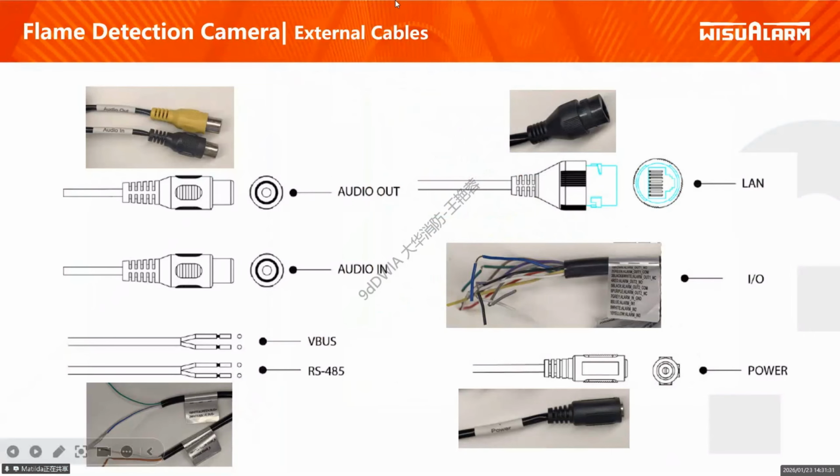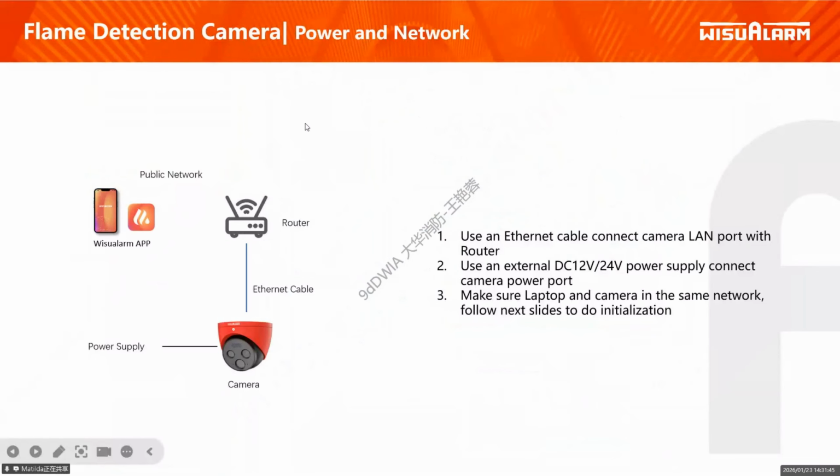This page is a brief introduction about the external cables of the camera. We can just take a look at it. And then it's about how we can use our camera. Firstly, we need to use an Ethernet cable to connect the camera LAN port with the router.